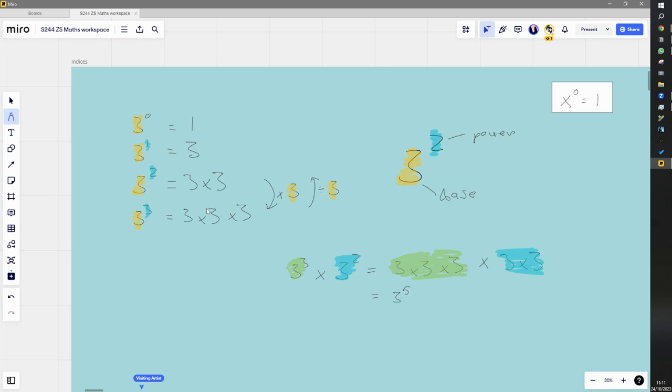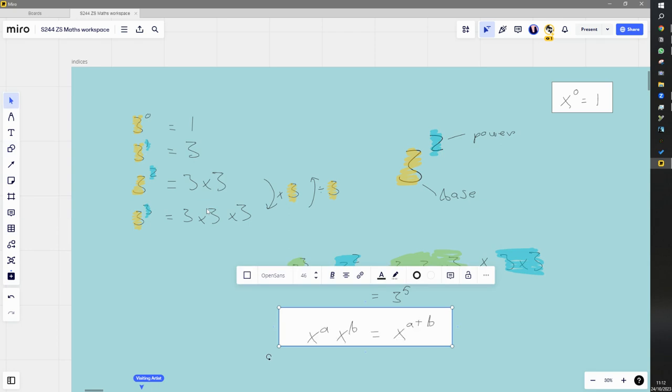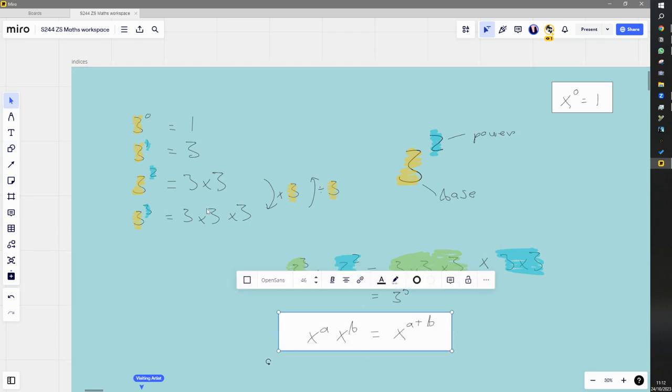And with a little bit of experimentation and playing around with this, we can come up with a rule: x to the power of a multiplied by x to the power of b is equal to x to the power of a plus b. Okay, that's our second rule, because I added 3 and 2 and I got 5, right? So that's our second rule.